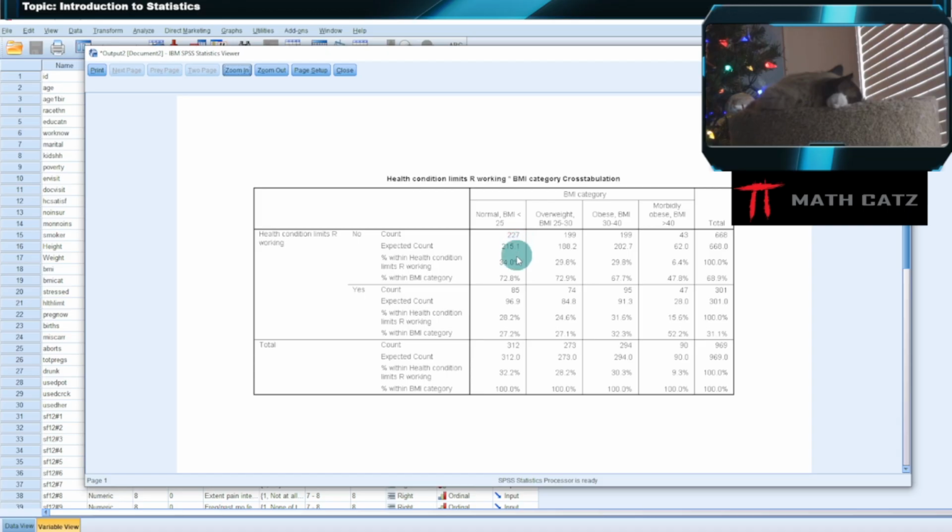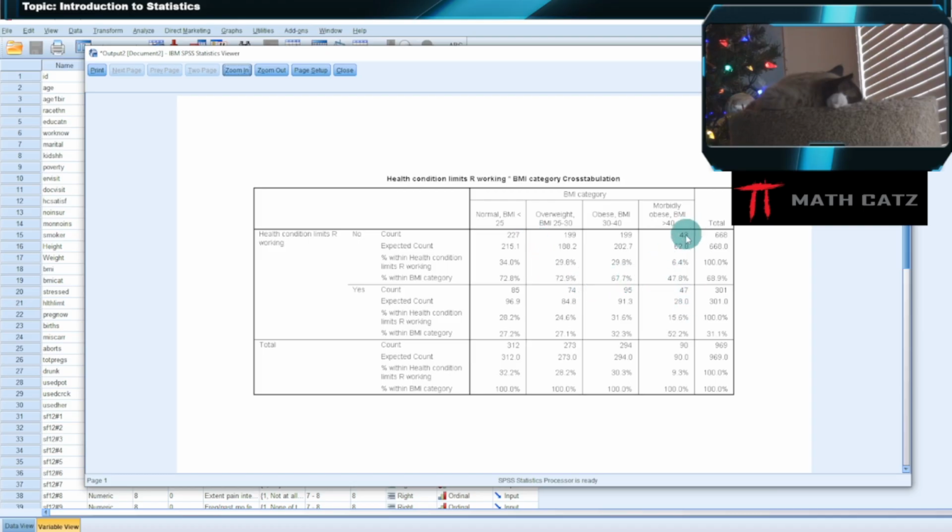But if I look, informally, I'm not showing the chi-squared calculation, which ones were the major contributors to the chi-square statistic being so large?